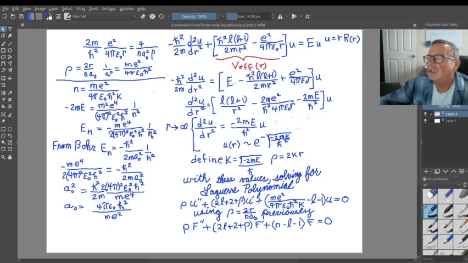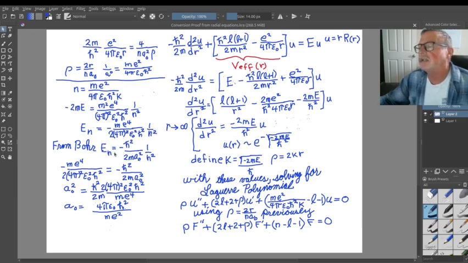So what else can I come up with? Well, from the Bohr atom derivation, E sub n, this is the key to the whole thing. E sub n equals minus h bar squared over 2m a sub 0 squared, 1 over n squared.